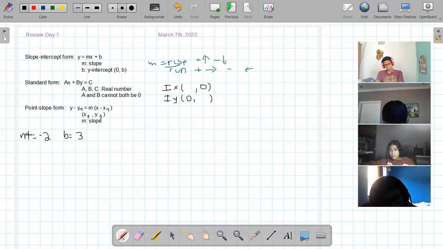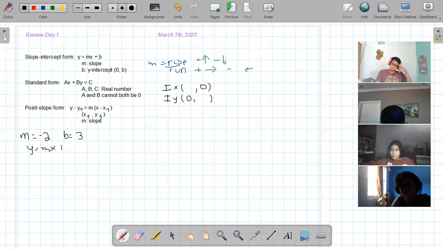So if I give you a value of m, a slope, and I give you an intercept, what form of equation can you use? Slope-intercept form. Okay, so I'm going to say y equals mx plus b.